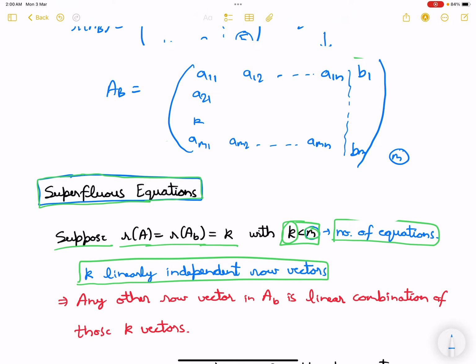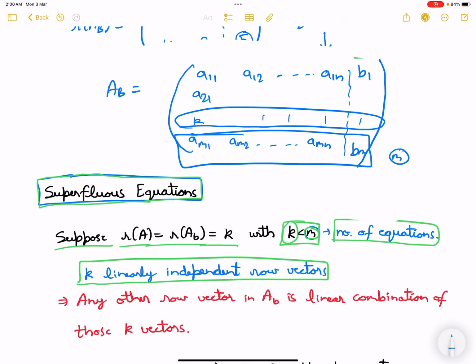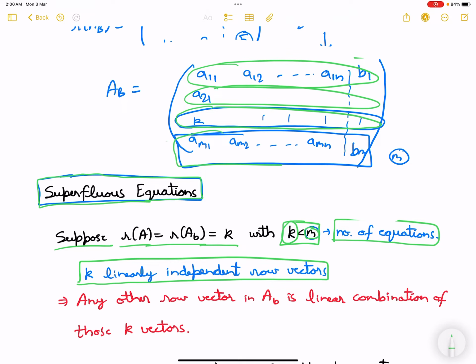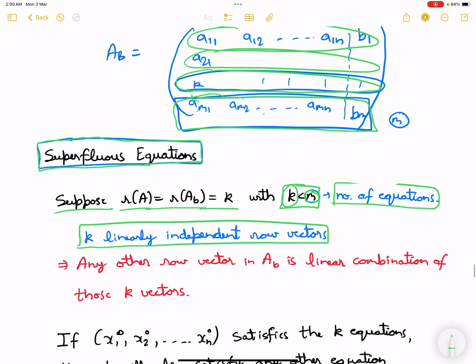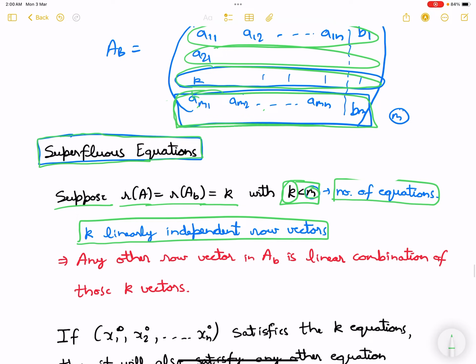Suppose the kth row comes here, that would mean on this element one of the elements is non-zero and all elements below it are 0. Then we say there are K linearly independent rows, first, second, third, fourth till kth, and all other rows after row operations would give you 0 value below this. So the rank is K. Now if we have K linearly independent row vectors, that would mean the other row vectors after K, so we have M minus K.